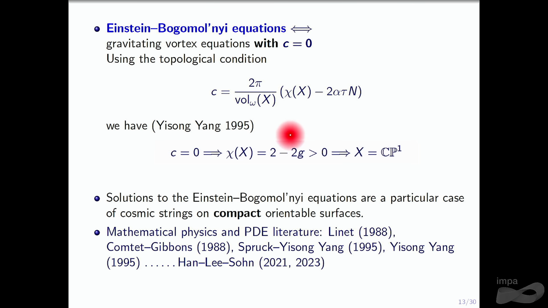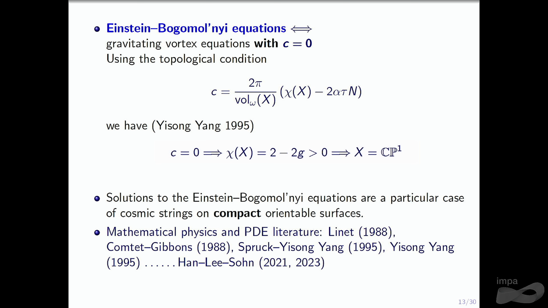So that means that if C is 0, then chi, the Euler characteristic, must be positive, because all of these are positive. So X is CP1. That's why I didn't want to restrict to that case, even though this is the most interesting case.